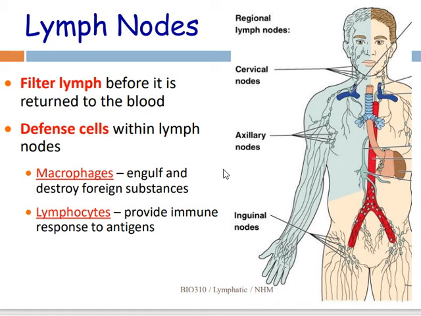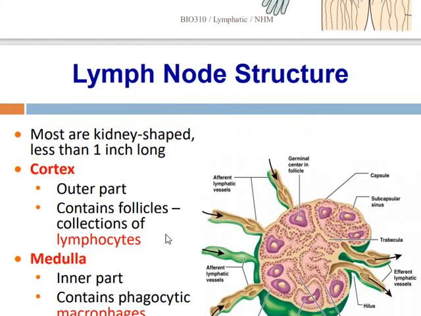Macrophage is one of the important things in the immune system that is used to engulf and also destroy foreign substances, and the lymph node also contains lymphocytes that will provide the immune response to the antigen.